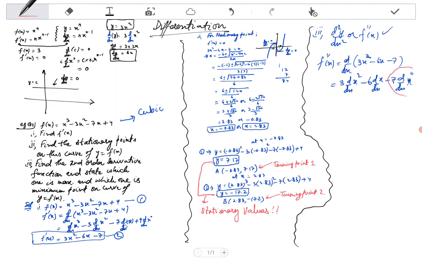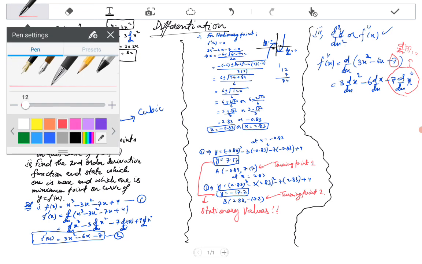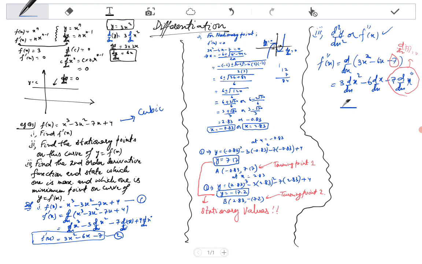This all becomes 0 because it's a single constant. When a single constant comes, its derivative of 7 is 0. So you can ignore it and just differentiate the remaining two terms, because the derivative of 7 is already 0, so no need to add it here.